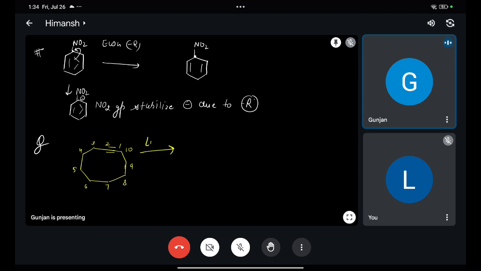We are using Lindlar's catalyst, and we are also doing Birch reaction. But we know that in Lindlar's, cis is formed, right? So it is shown like this.